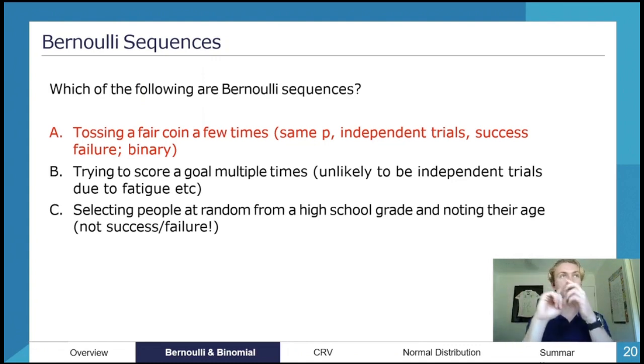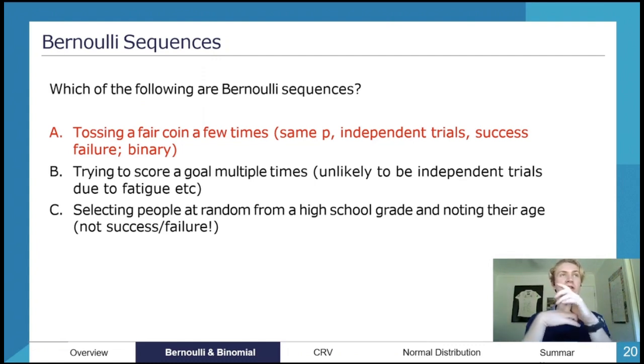Hence those last two fail: independent trials is not true, because if you've scored a lot of goals, you're probably more likely to keep scoring due to the psychology of that. And number 2, the probability of success is also different. It's changing, fluctuating due to fatigue and stuff like that, more of this human psychology type thing. So as you can see, as soon as there's a human element to it, it's unlikely to be a Bernoulli sequence.